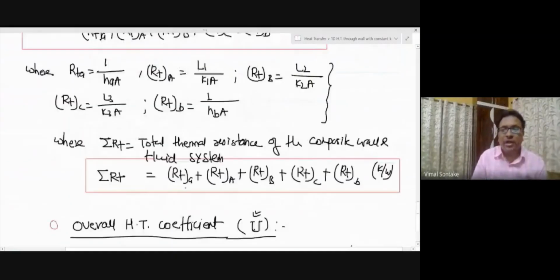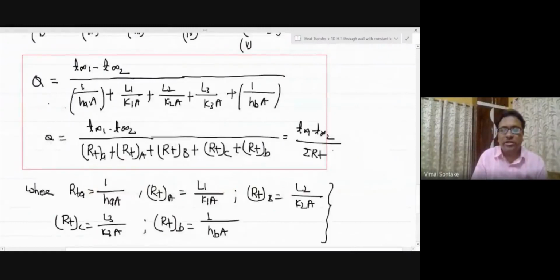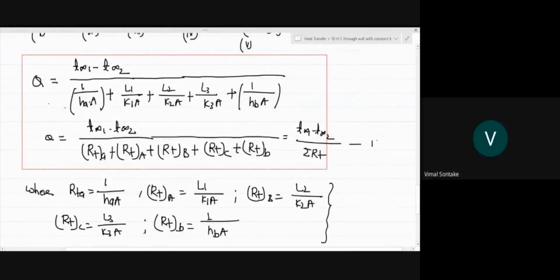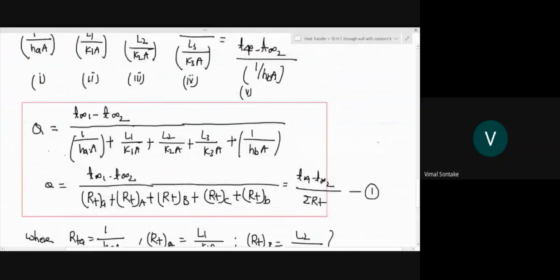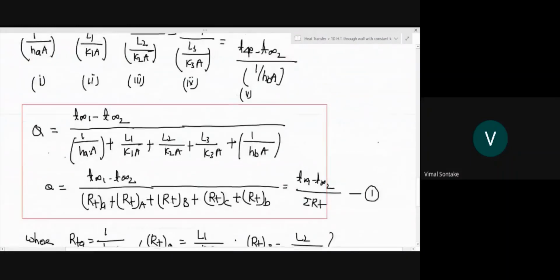Let's say I give this equation as equation number 1, starting from here.